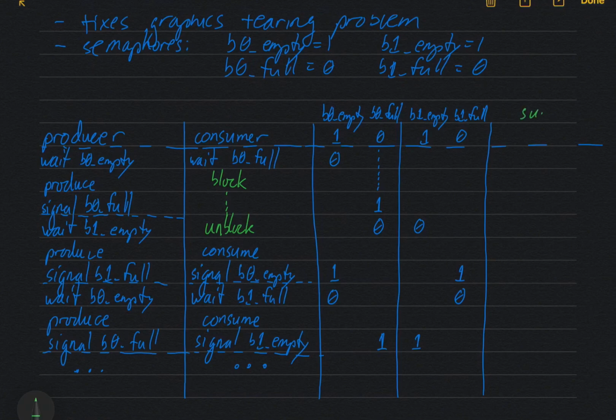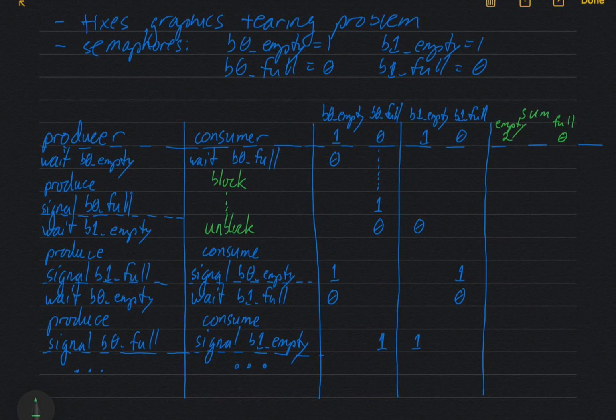So let's just look at the sum of these semaphores. We've got the empty semaphores and the full semaphores, and the empty semaphores start with a total of 2 and full with 0.